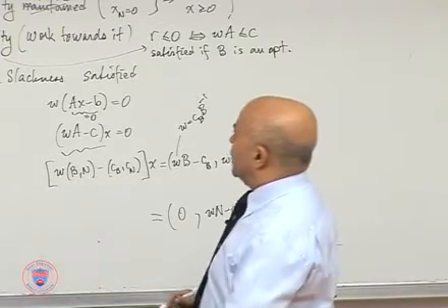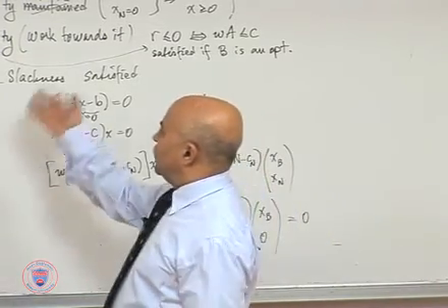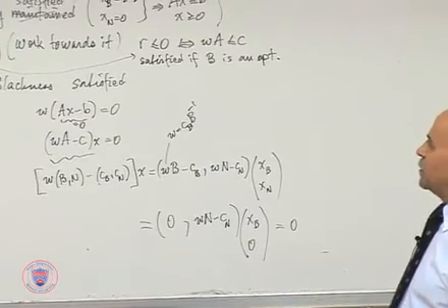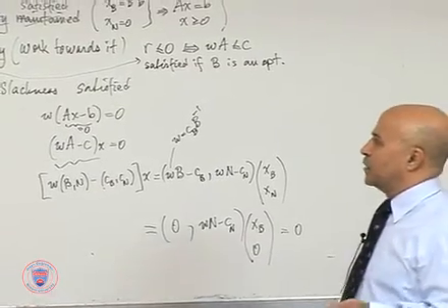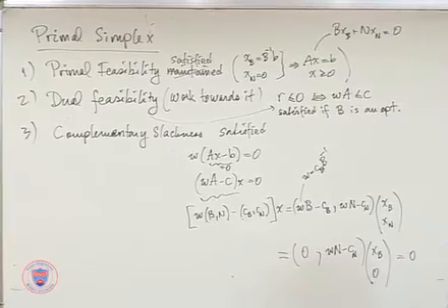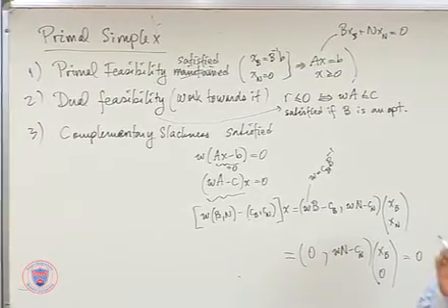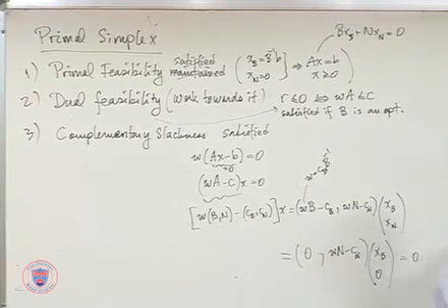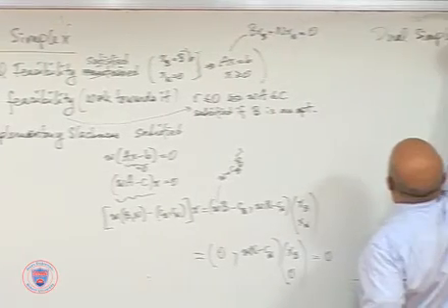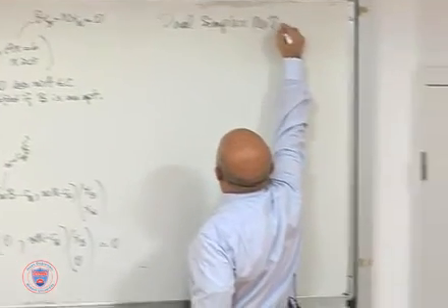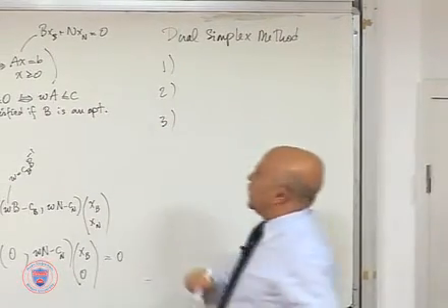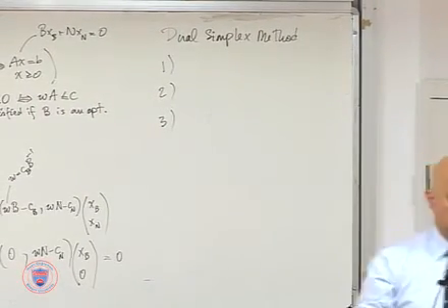All right, so this is your regular simplex method. It maintains or satisfies primal feasibility and complementary slackness throughout, and it satisfies dual feasibility at the very end. Now, the dual simplex method, for optimality, you still need the three conditions.